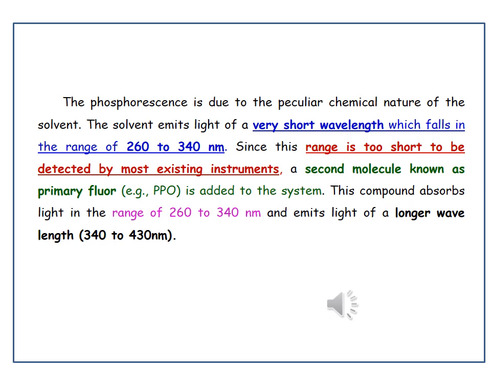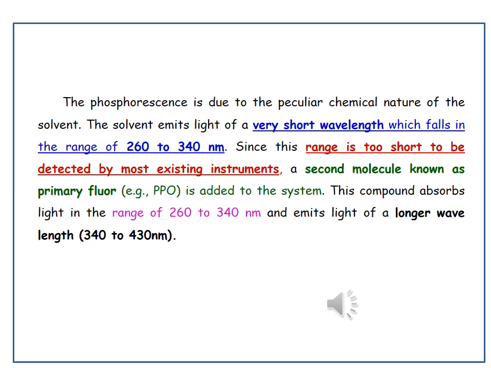The phosphorescence is due to the peculiar chemical nature of the solvent. The solvent emits light of a very short wavelength, in the range of 260 to 340 nanometers, which is too short to be detected by most existing instruments.